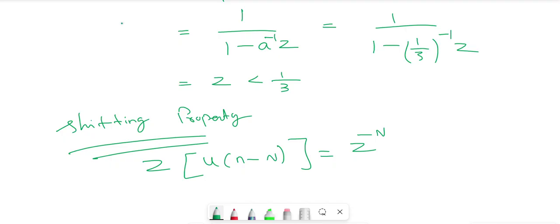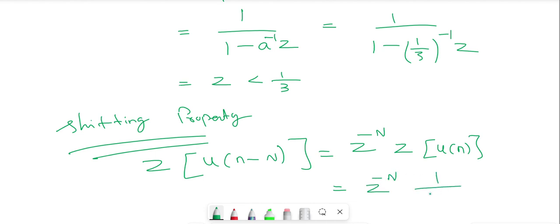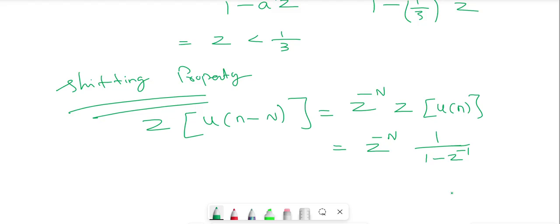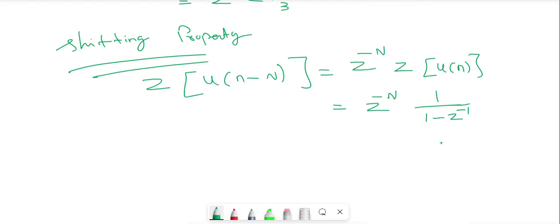The Z transform of u of n minus n can be written as z power minus n into the Z transformation of u of n. What is the Z transformation of u of n? It will be 1 by 1 minus z inverse, for modulus of z greater than 1.